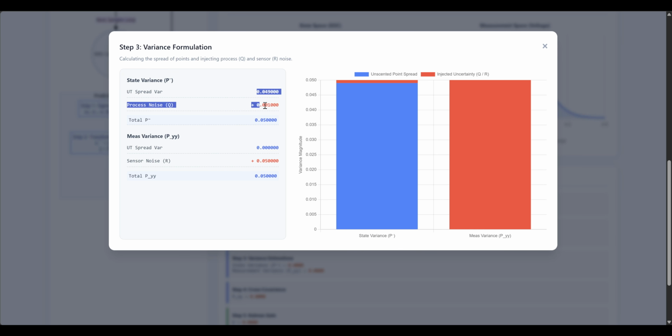So if you sum these two, ideally you will get the total variance for the state, and if you sum these two then you will get the total variance for the measurement. So let's play the simulation and see how things are changing over time, and we will see the evolution of these variances over time.